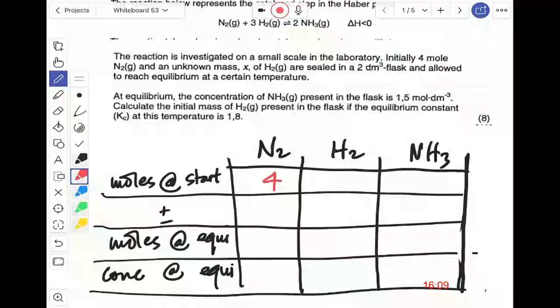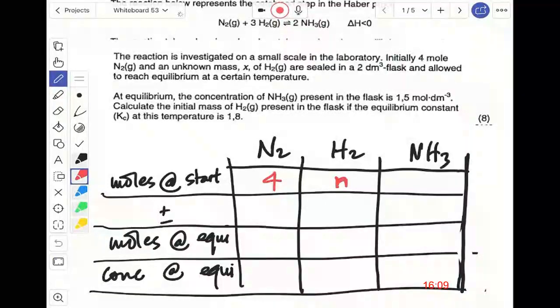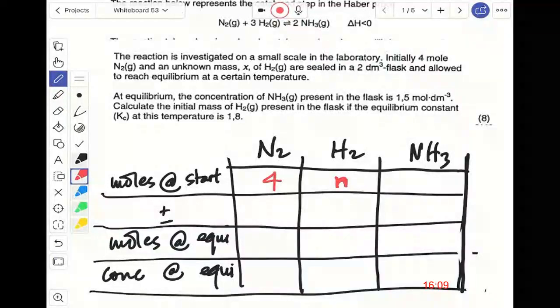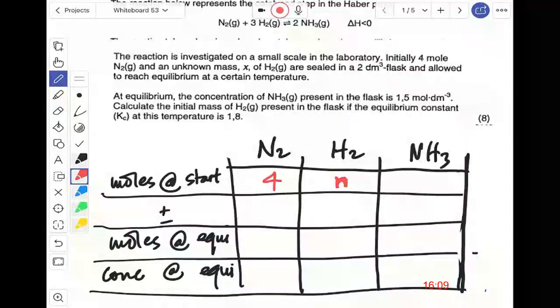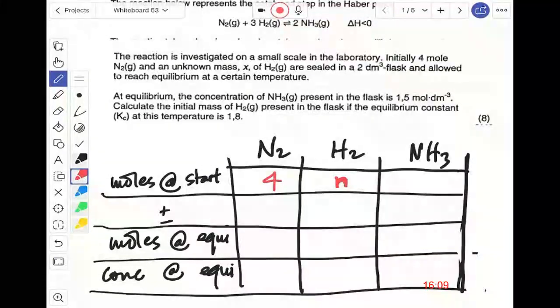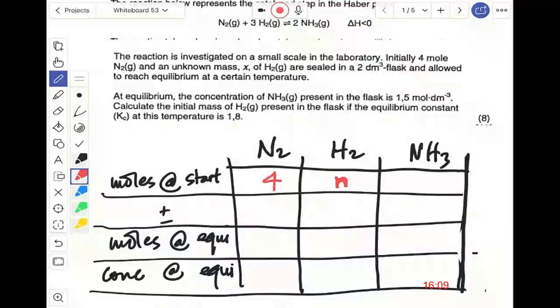If there's an unknown mass, what I do is I indicate that with an n, because n is for moles. It's sealed in a 2 decimeter cube container. So 4 moles of nitrogen and an unknown amount x, which is in moles, is sealed in a container. There is no ammonia.